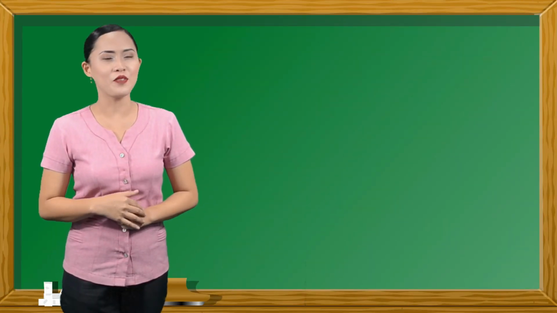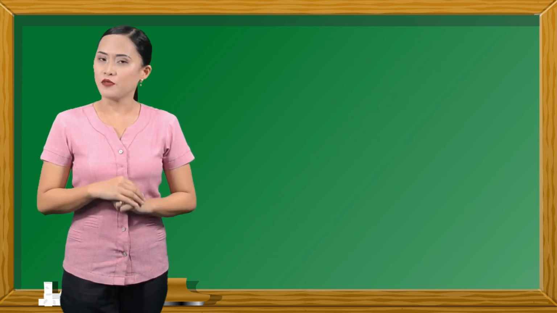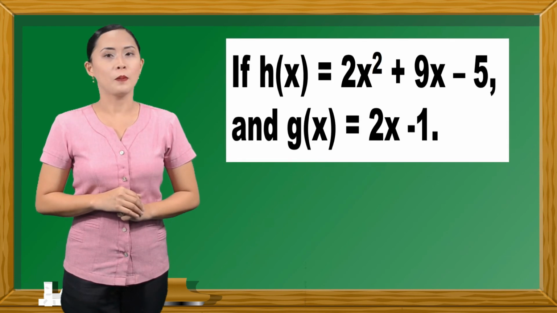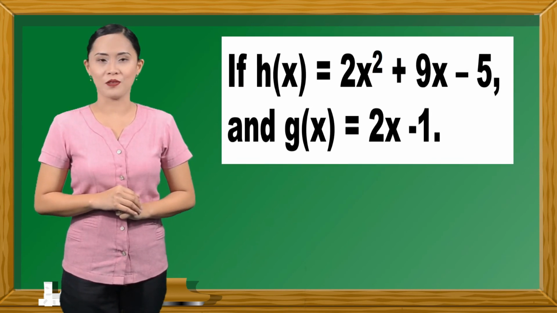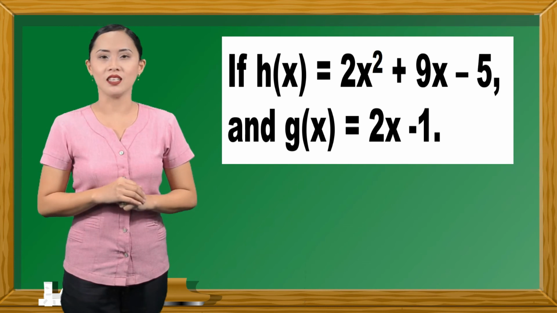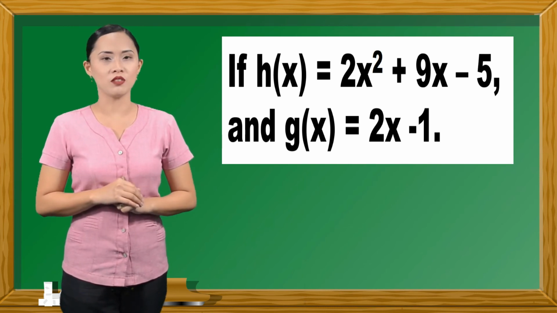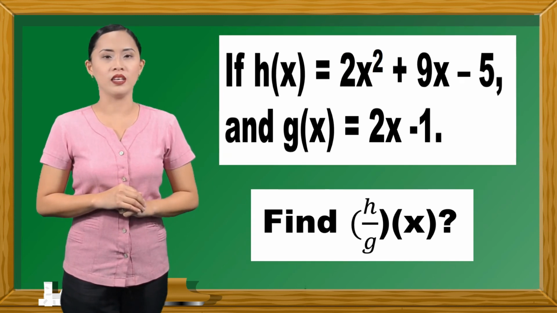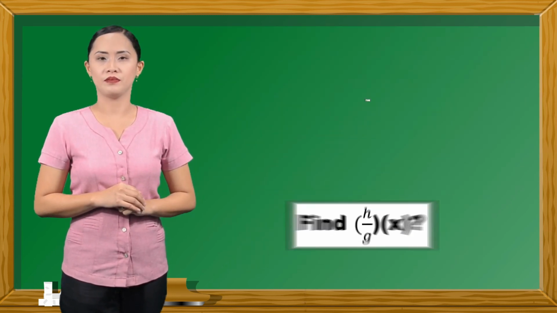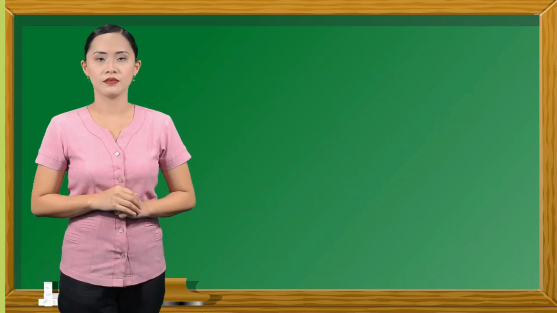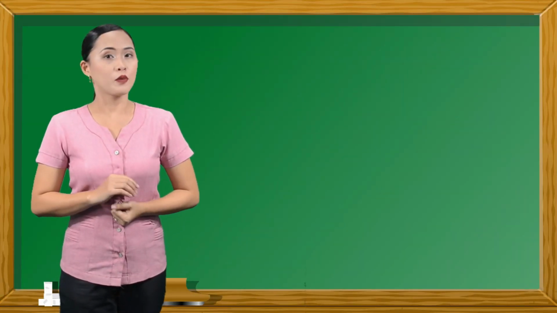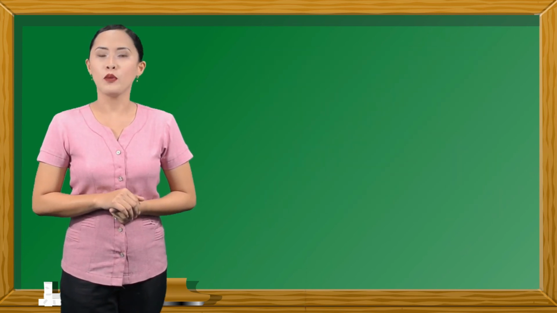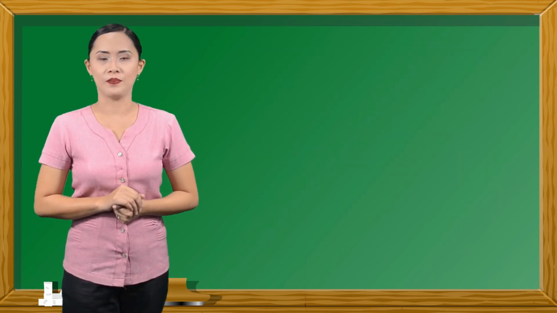Now, let us have an example. If h of x equals 2x squared plus 9x minus 5 and g of x equals 2x minus 1, find h divided by g of x. For us to find h divided by g of x, we follow the given formula.